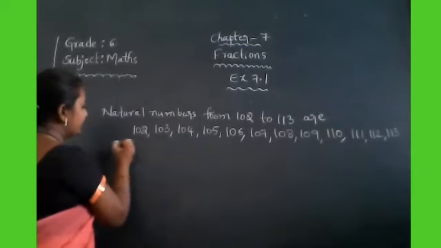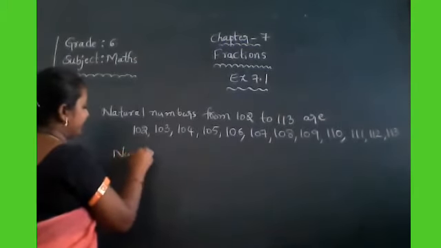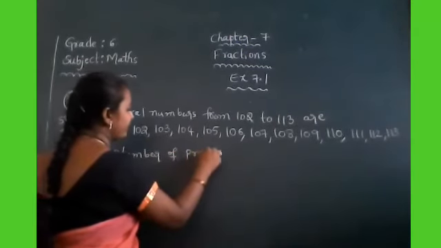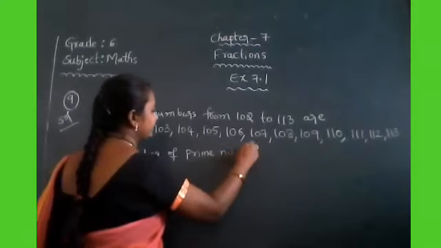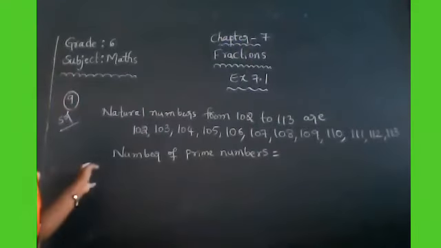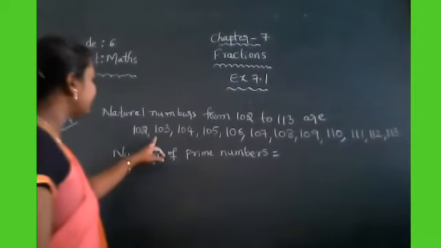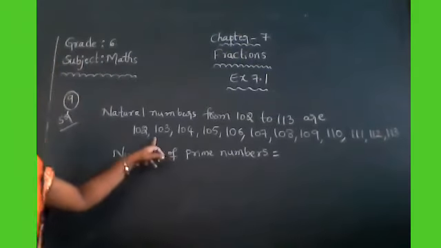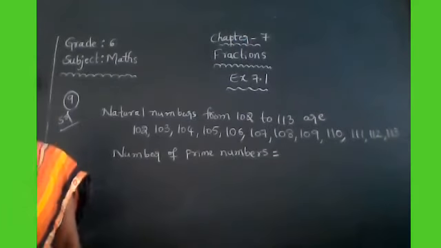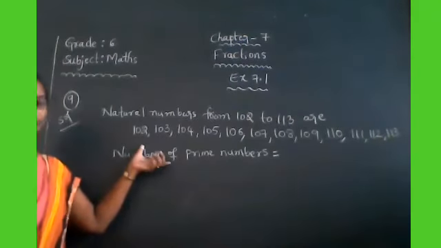Next, the number of prime numbers. A prime number is divisible by 1 and itself only. So which are the prime numbers here?